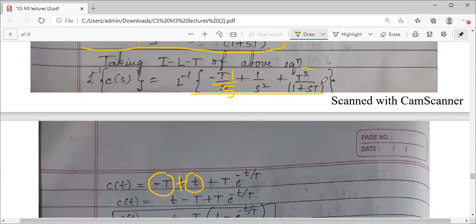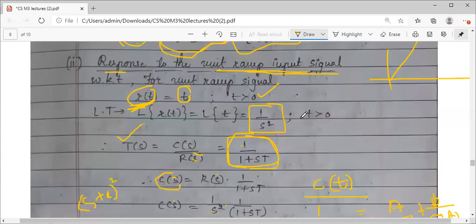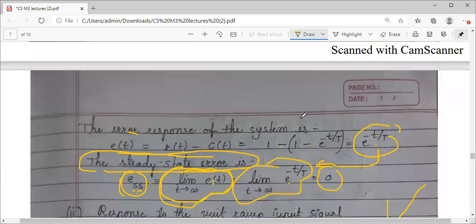Plus you have this term here. You can see I can split this in the equation like this: t into t divided by 1 plus st. The t square term I have split. So you can see this equation, t by 1 plus st, resembles the earlier equation. Earlier also we have solved it.